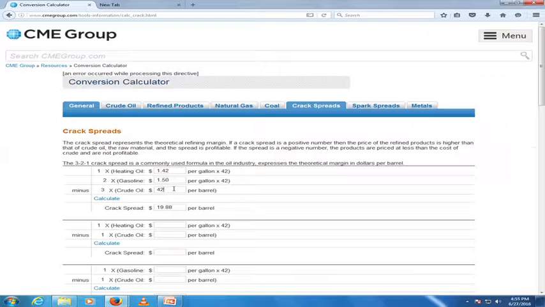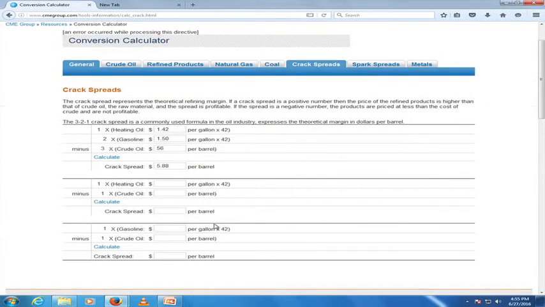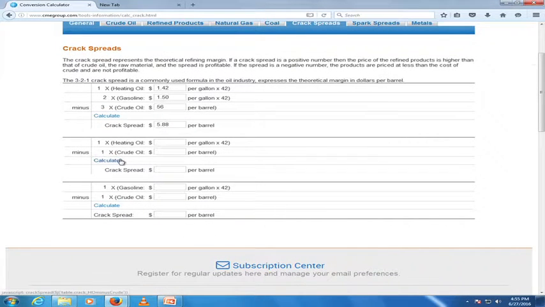Let's go to another price, let's say 56. With 56, the crude oil crack spread is coming to $55.88 a barrel. Similarly, a crack spread can be calculated for 1 crude oil vis-a-vis 1 heating oil, and 1 crude oil vis-a-vis 1 gasoline, and so on and so forth.